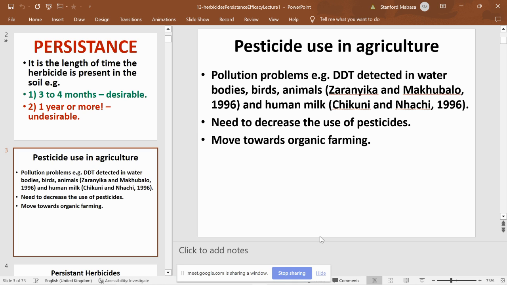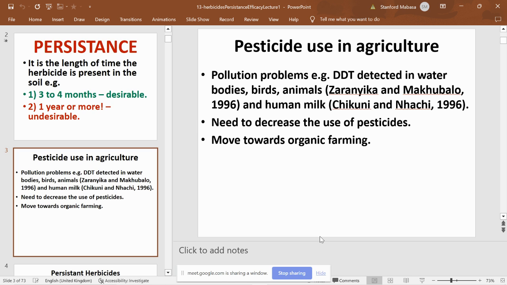For example, it could be detected in water bodies, birds, animals, and even in human milk, as was reported by Chikuni and Nachi, who were evaluating its presence. So there's a need to decrease or carefully manage the use of pesticides.